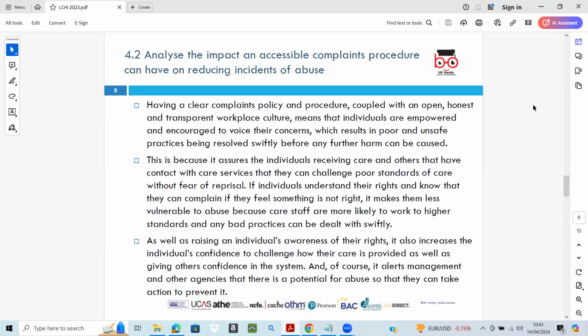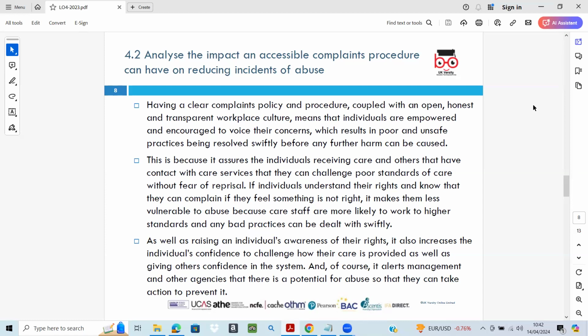Right. So we will explore the impact an accessible complaint procedure can have on reducing incidents of abuse. A clear and effective complaint policy is essential in any care setting. So, we will start by discussing how such a policy empowers individuals.